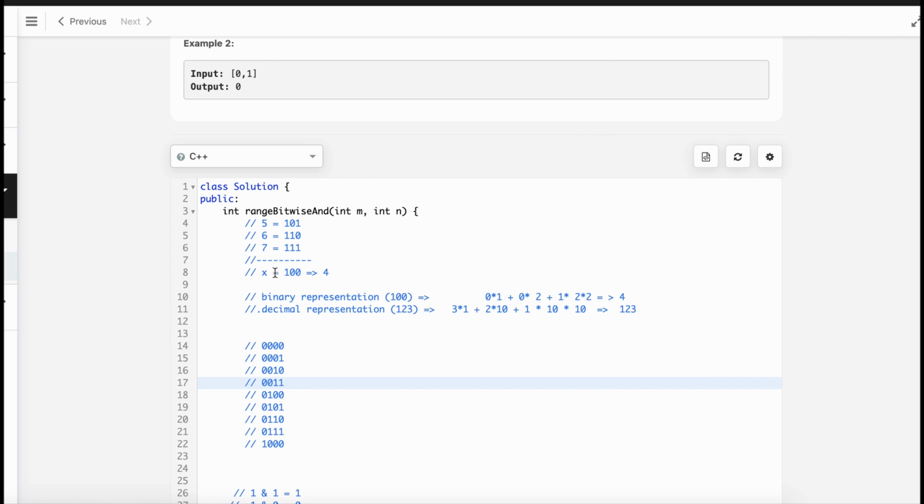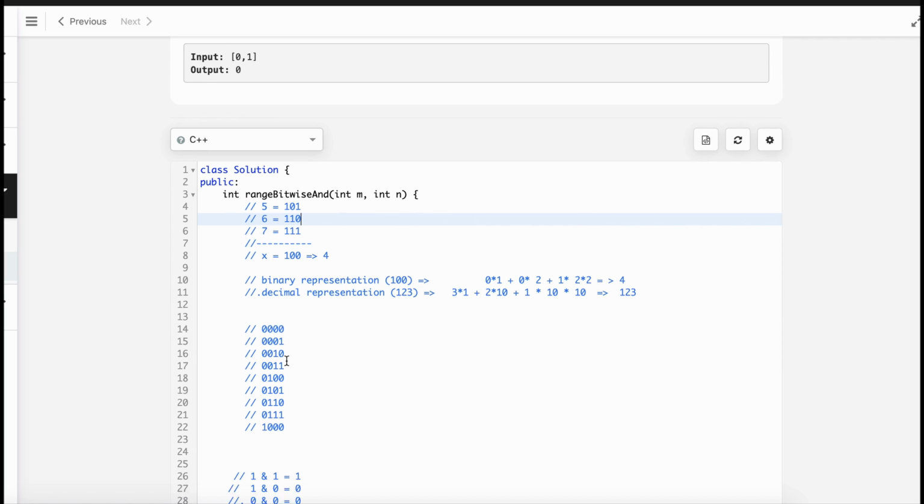So if we are concerned about a particular position, what will be the AND operation of all the values in this position, then we need to satisfy that the gap between the numbers should be covered by a particular range.